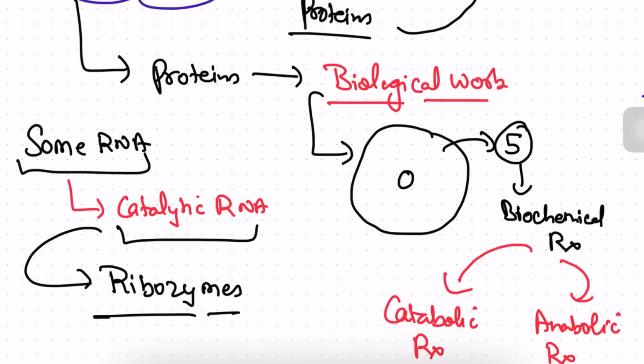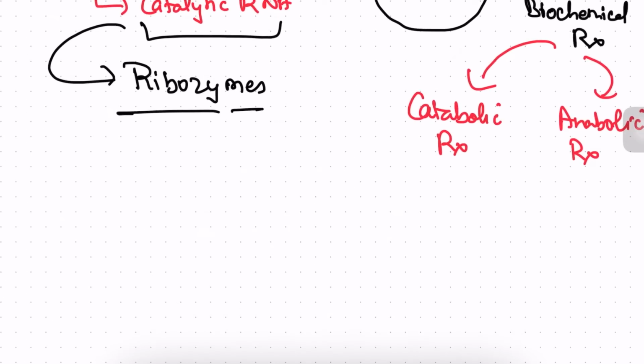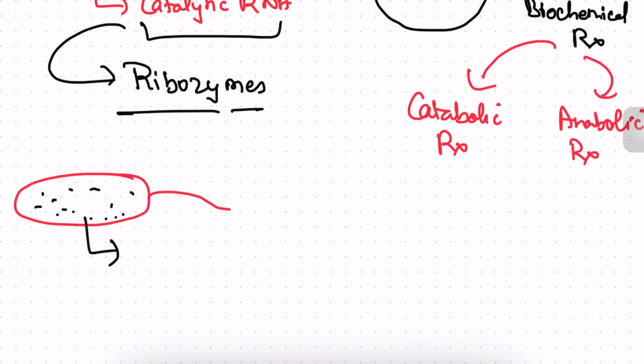Now here I just want to tell you that if you see any bacteria, within the bacteria you are going to have enzymes, and all these enzymes which are present within the bacteria are carrying out diverse activities. They are carrying out biological work within the bacteria.